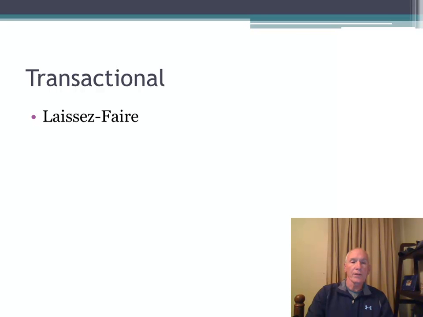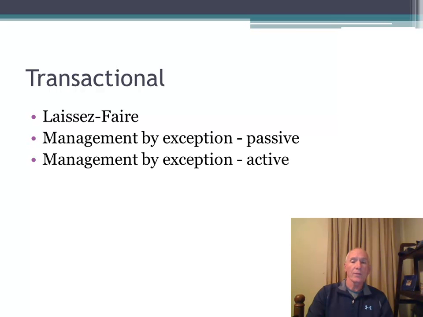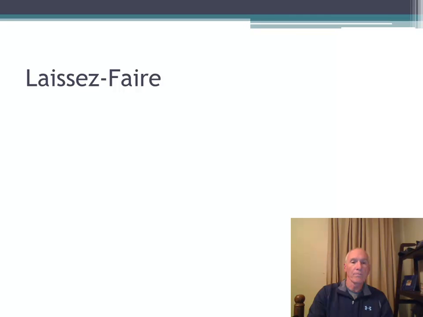Transactional leadership, again, consists of laissez-faire, management by exception passive, management by exception active, and contingent reward. And I will discuss each of these in the next few slides in more detail.